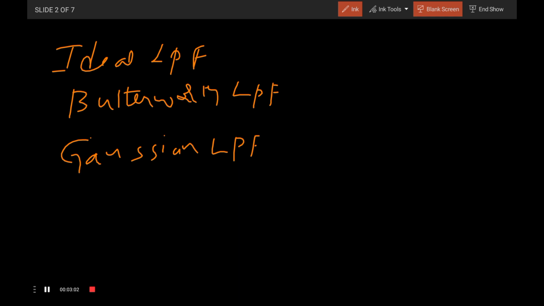These are the three low pass filter types.